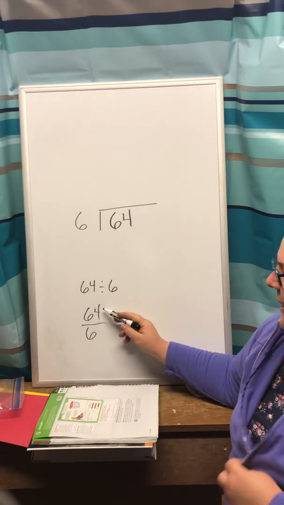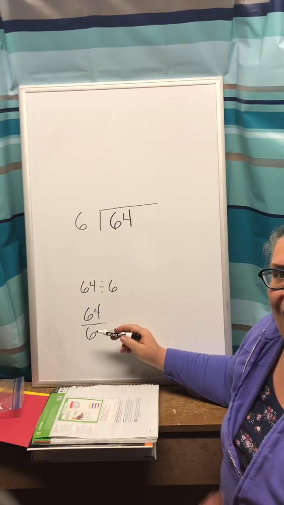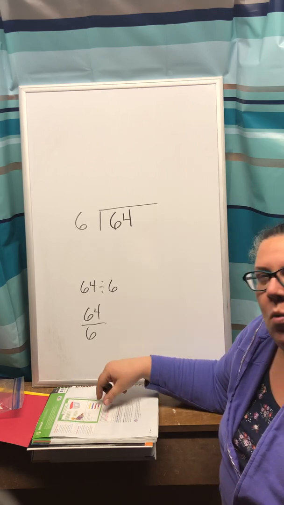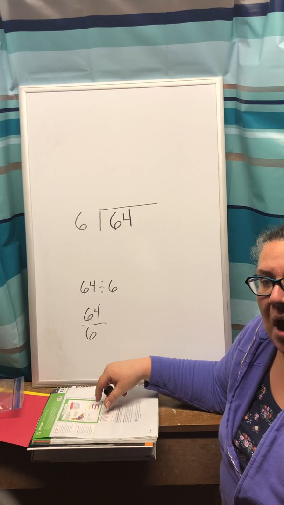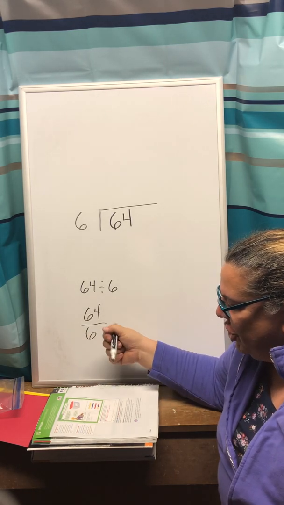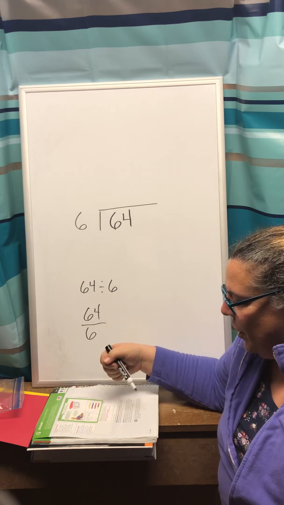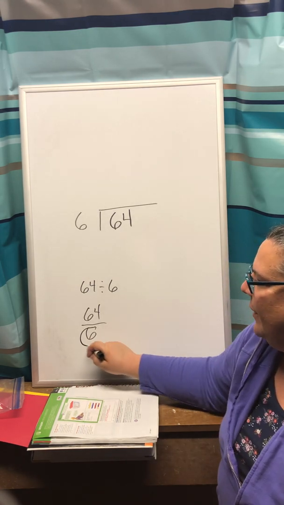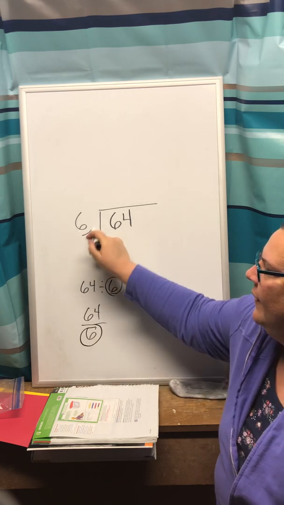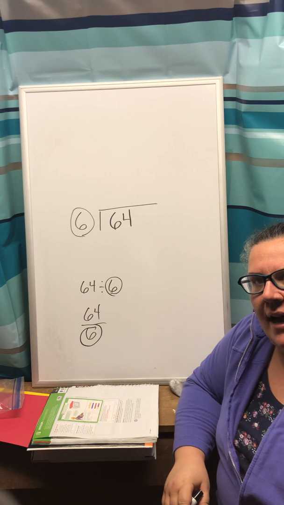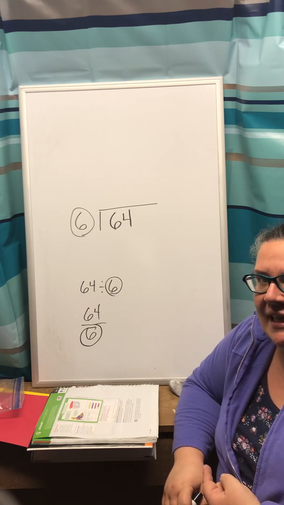So if I'm doing this, I'm just thinking about how many 6s are in the 64. And they actually don't want to know an exact answer for this problem. They just want to know, they said, between what 2 whole numbers will each person's serving be? So I'm really thinking about this number, 6, in the problem, and I'm going to think to myself, 6 times what is going to bring me close to 64?